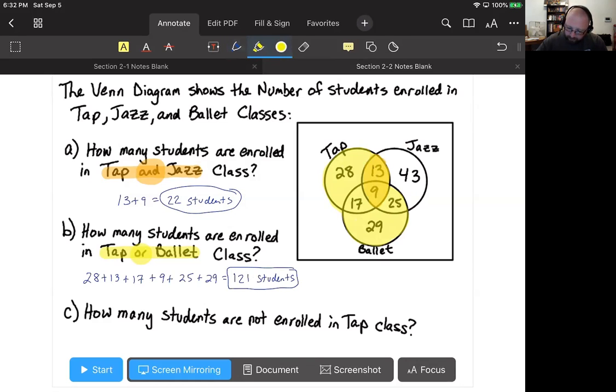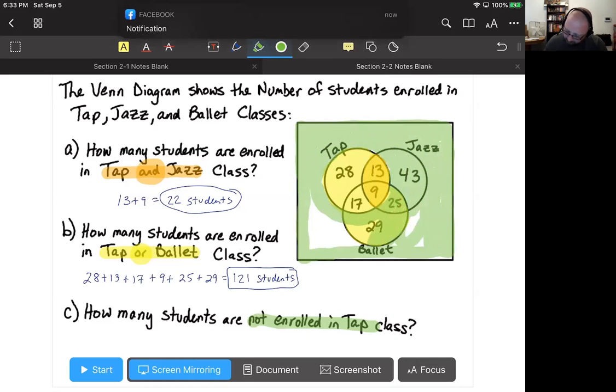Finally, we have how many students are not enrolled in tap. So if we wanted not enrolled in tap, that would be every student that is not in the tap circle. Okay?